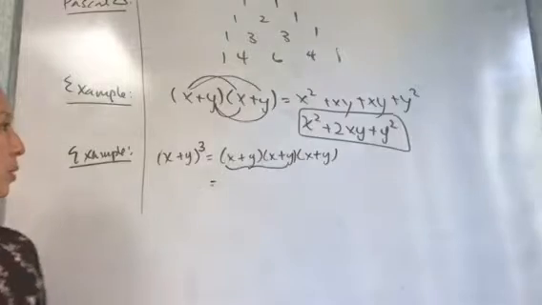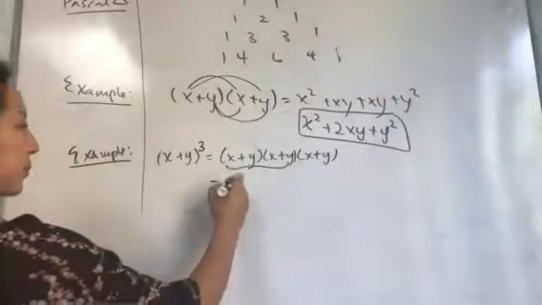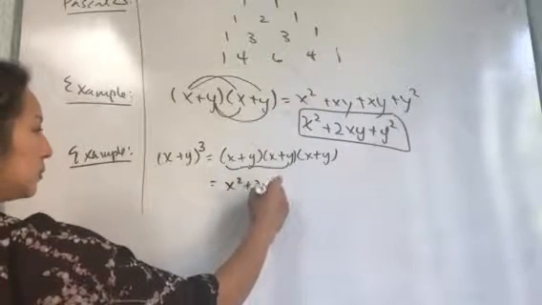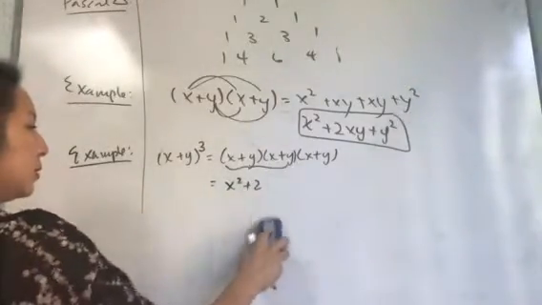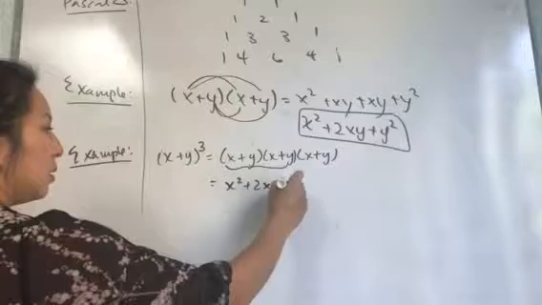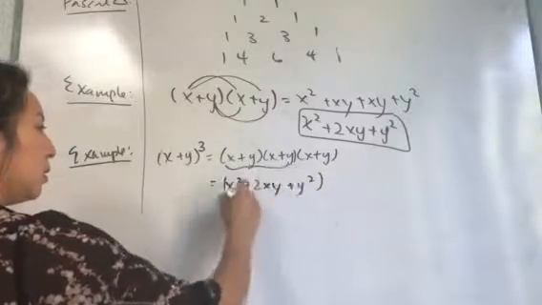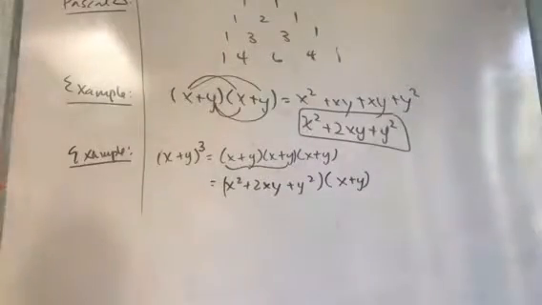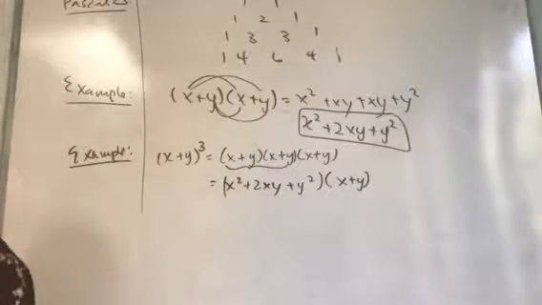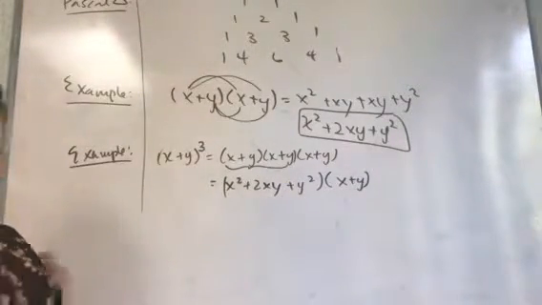It was x squared plus 2xy plus y squared. So then all we need to do is distribute it out this way. All right? So I'm going to go ahead and distribute this out.